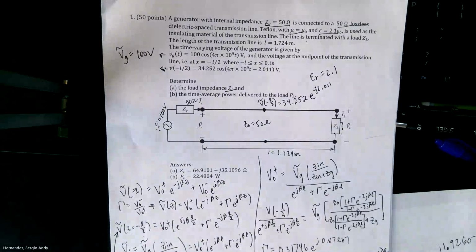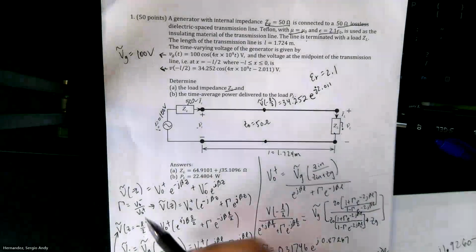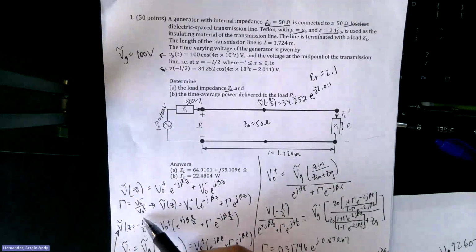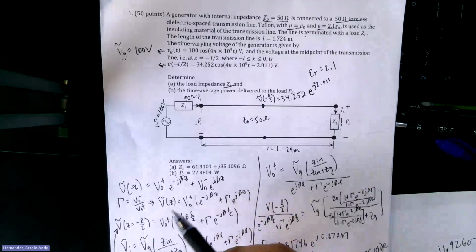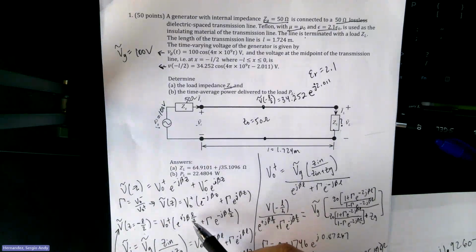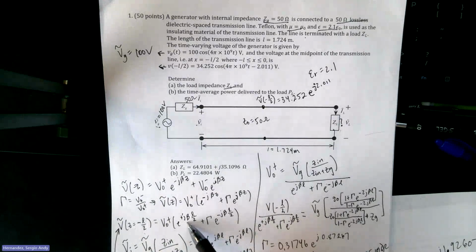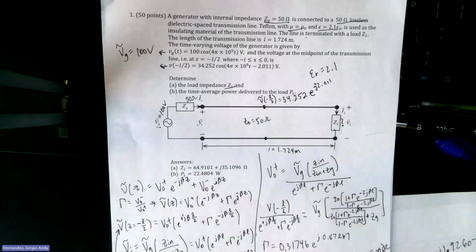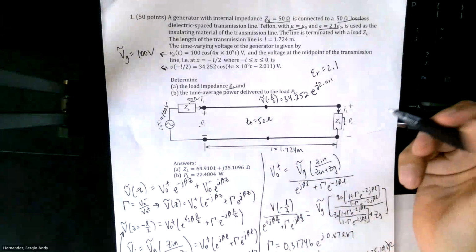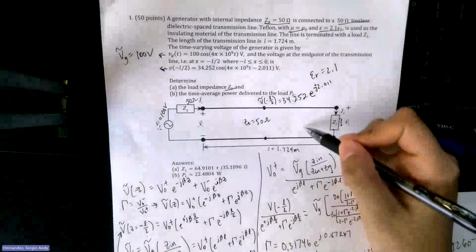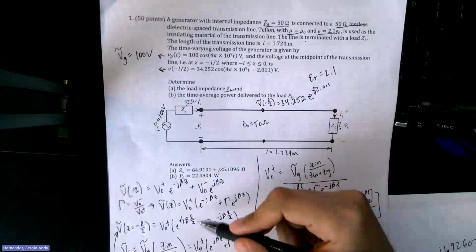So using here, you're going to plug in L over 2. Instead of using just jbz, you're going to plug in negative L over 2, and it's going to turn into j beta L over 2, which is the specified distance of the voltage. So if he were to give you 3 ports at this point, this will turn into 3 ports.